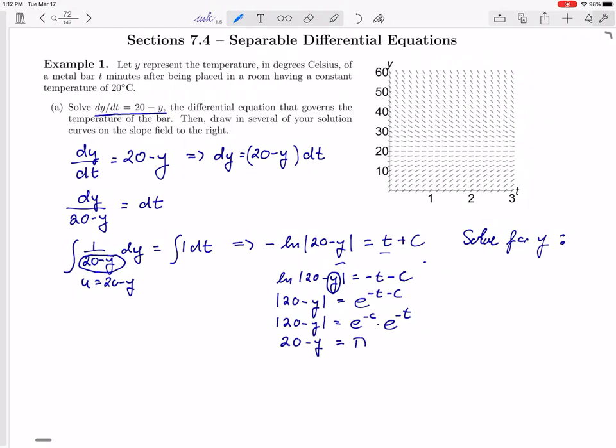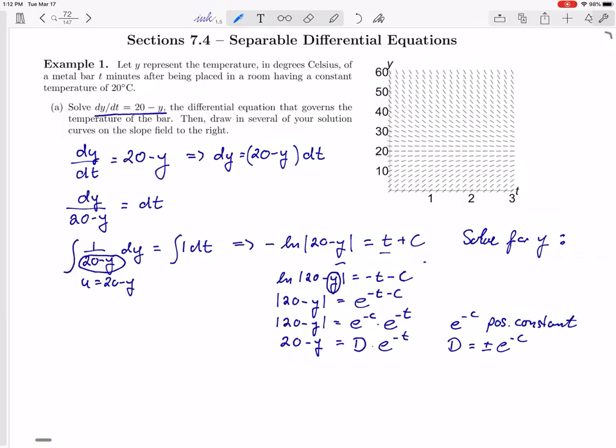So I'm going to replace e to the minus c, which is a positive constant, by dropping the absolute value sign, with d, which is another constant that can be positive or negative. So d is going to be plus or minus e to the minus c.